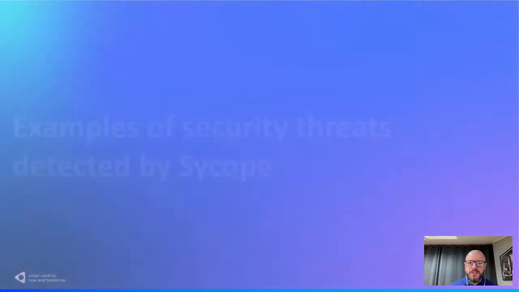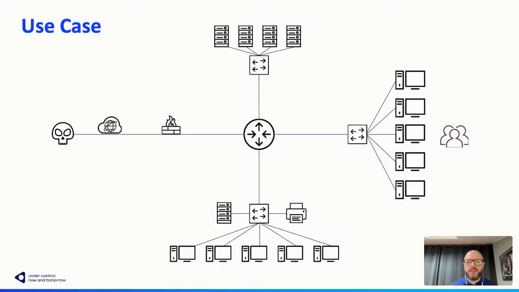But I think that it's easier to explain it on this network schema, that at the beginning we've got some initial access. It can be an email with some suspicious attachment.